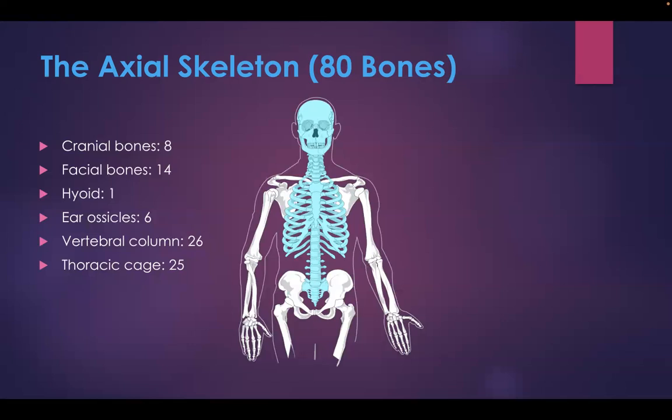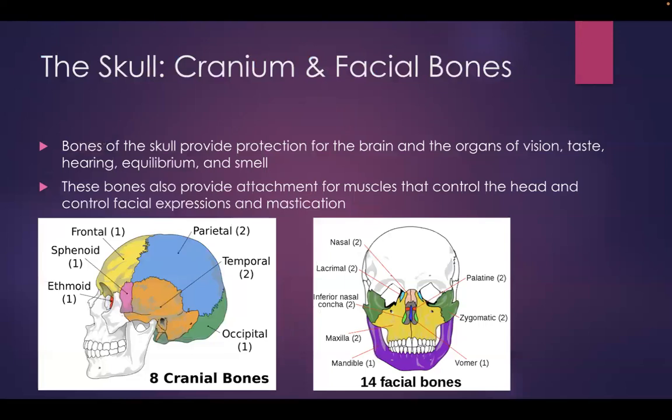All right, there's 14 facial bones. We'll go over them as well. The hyoid is 1, 6 ear ossicles, because there's 3 on each side, 26 vertebral bones, and 25 bones in the thoracic cage, which is your rib cage.